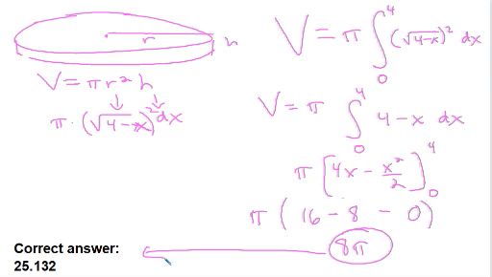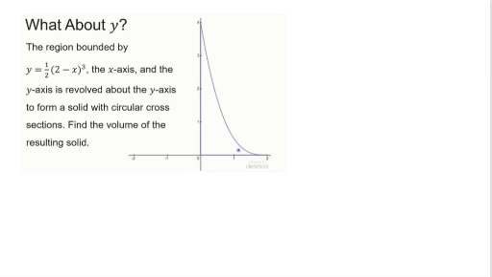Once you understand the setup of these, they're really not that bad so long as, again, you can do your integration. Let's look at another example. This one, well, they had to get squirrely on us and turn it sideways. This region is bounded by the x-axis and the y-axis, but it's revolved this way.